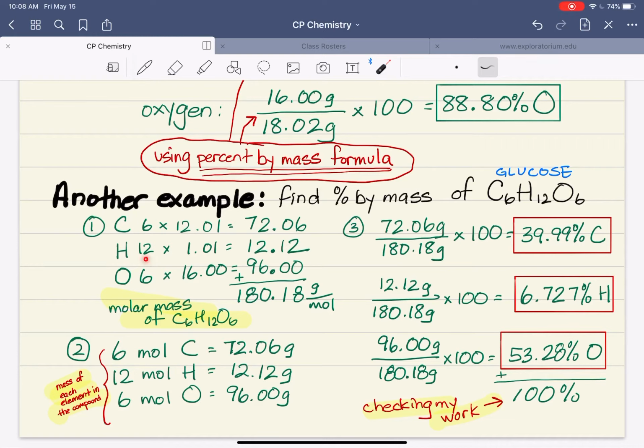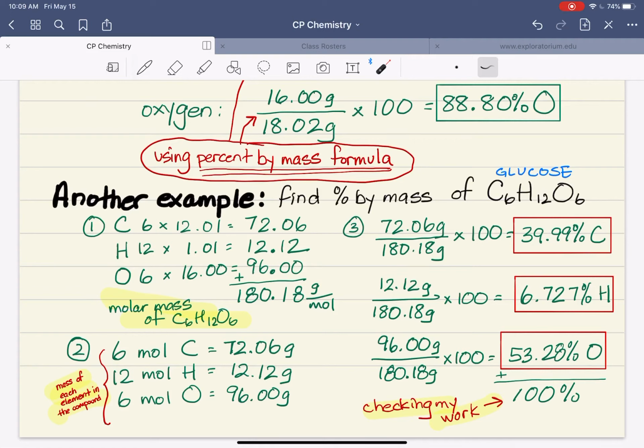I've got 12 hydrogens at 1.01 gram per mole, giving us 12.12 grams per mole, and 6 oxygens at 16 grams per mole, giving us 96 grams per mole. So if I add these down, I get the molar mass of glucose is 180.18 grams per mole.